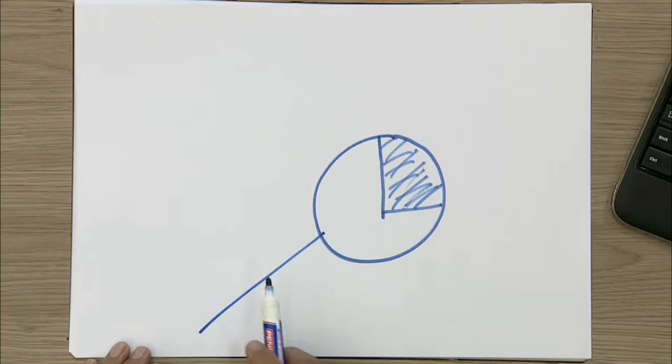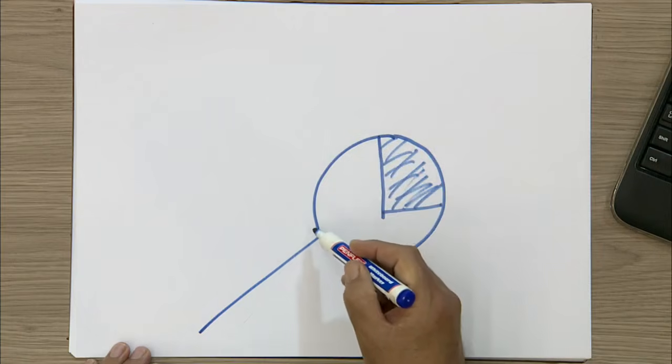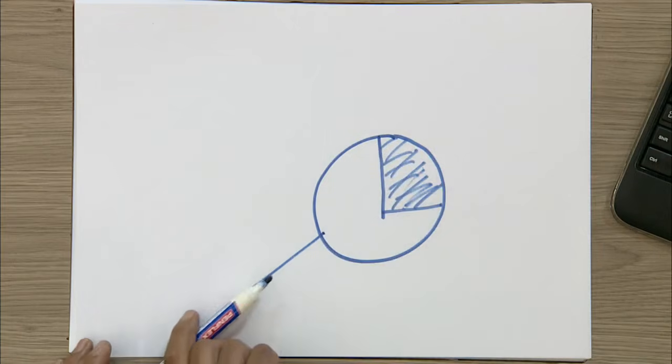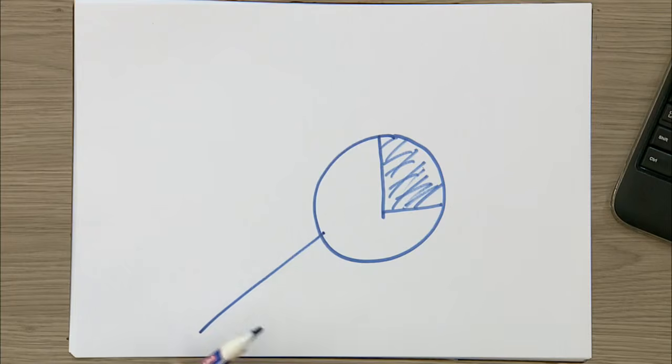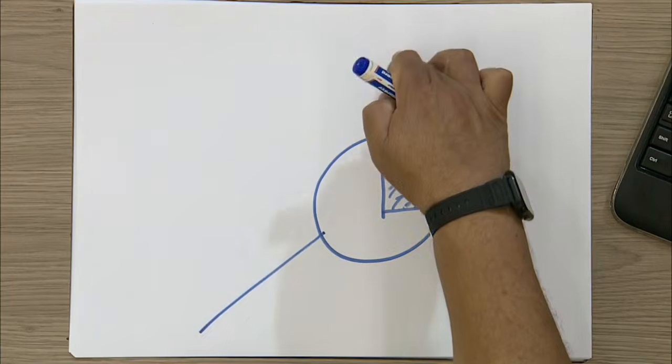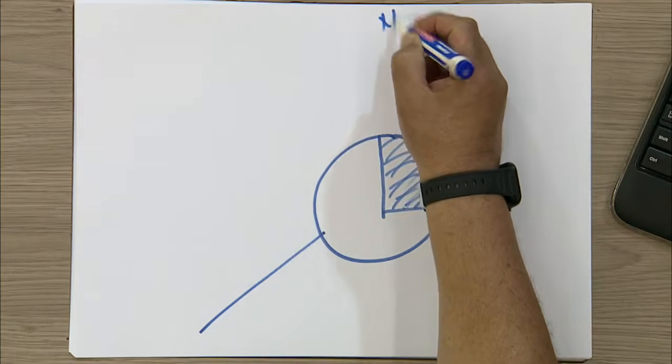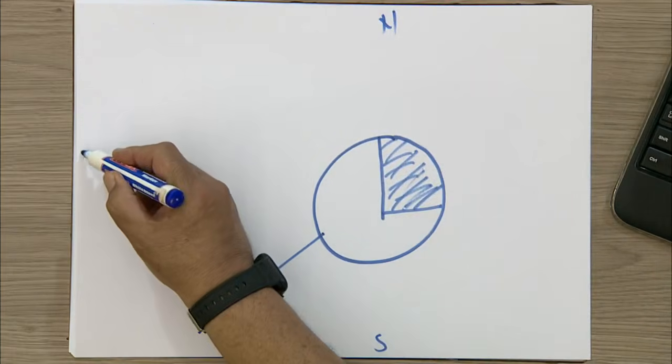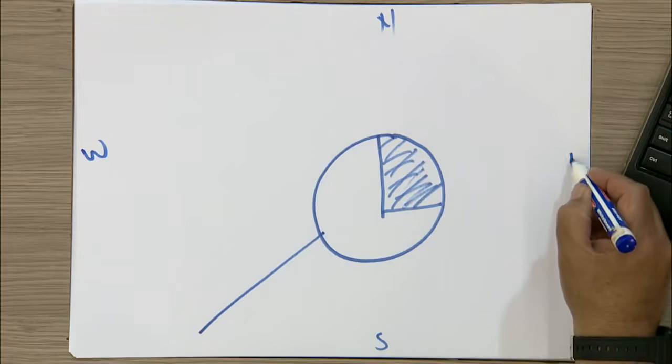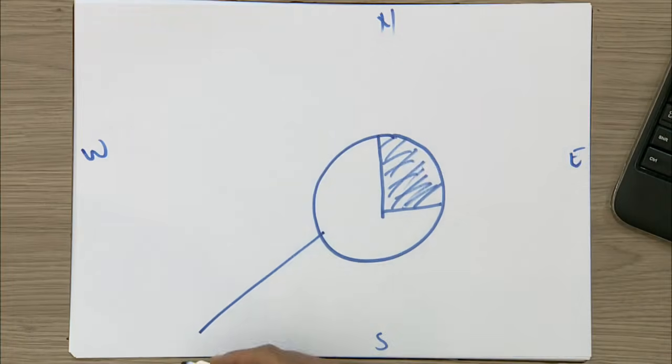Imagine that this is an arrow going into your circle, right? So the wind is coming from the side. Just write it up here: north, south, west, and east. So this wind is coming from the southwest, so this will be a southwesterly wind.